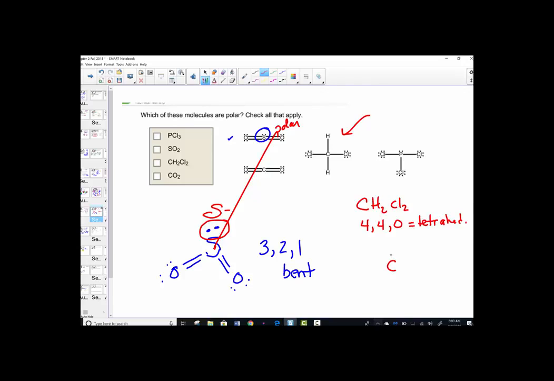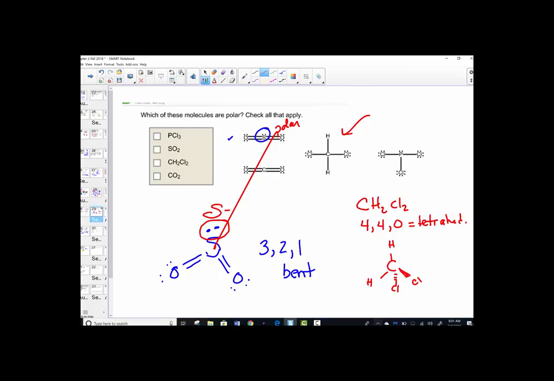The carbon is attached to 2 hydrogens, perhaps in the same plane. We know that one of the chlorines would be behind the page. The other would be coming out of the page as we draw the 3-dimensional view of a tetrahedral molecule.